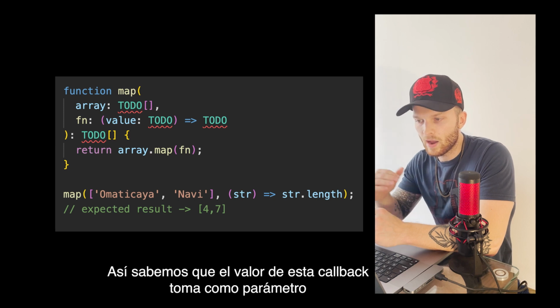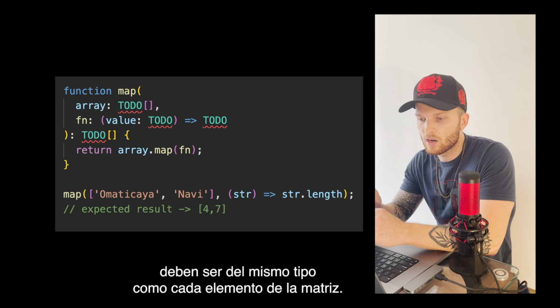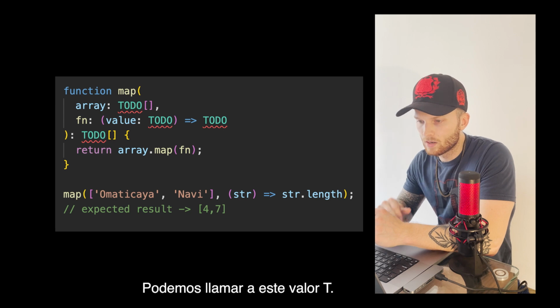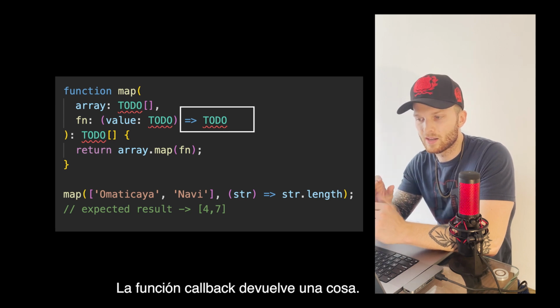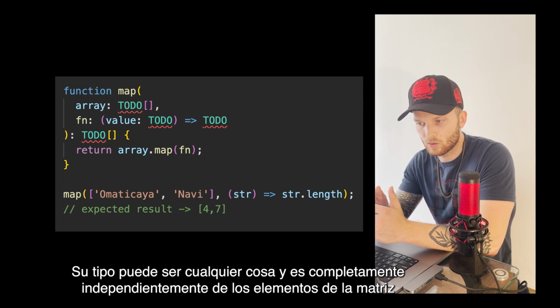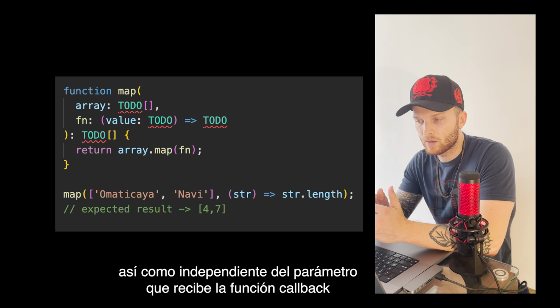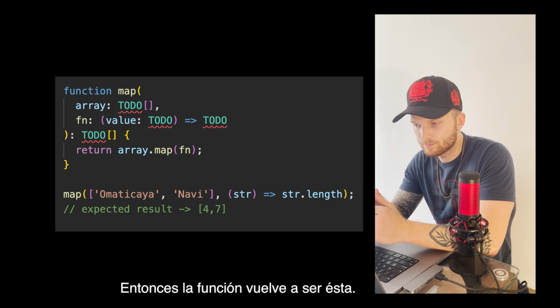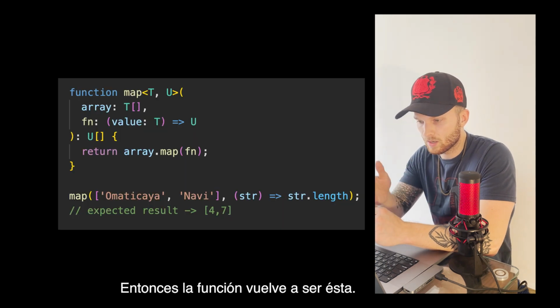So we know that the value this callback function takes as a parameter must be of the same type as each element of the array. We can call this value T. The callback function returns a thing. Its type can be anything and is completely independent of the elements of the array, as well as independent of the parameter the callback function takes in. We can call this second variable U. The function then becomes this.